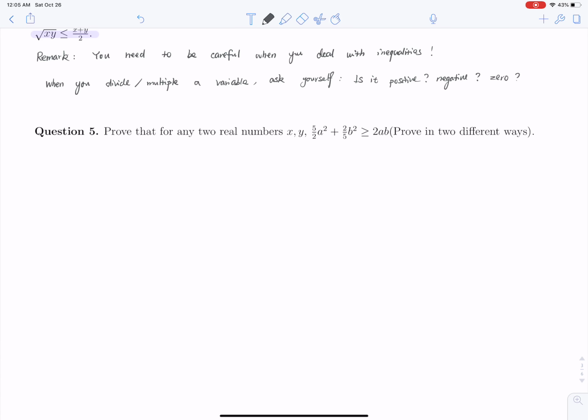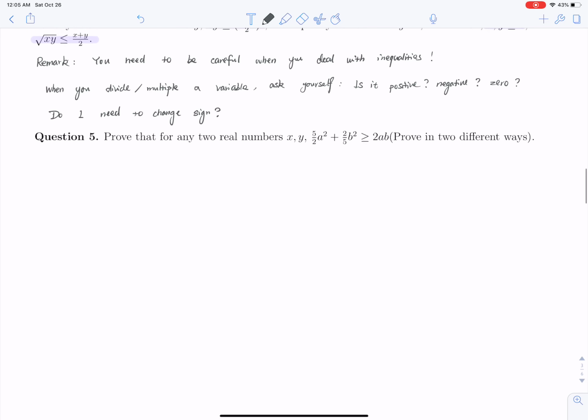or 0? Okay? You know that if it's positive, you don't need to change your sign. Do I need to change sign?